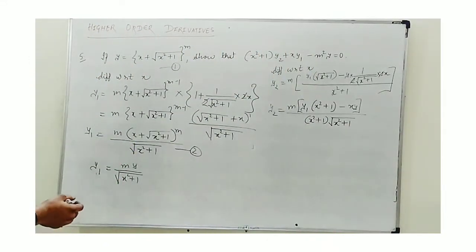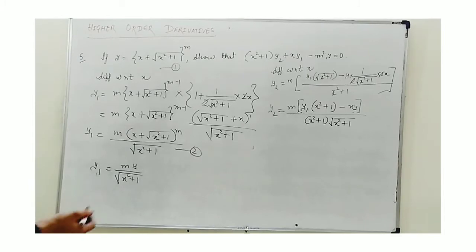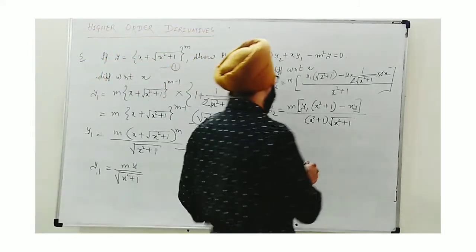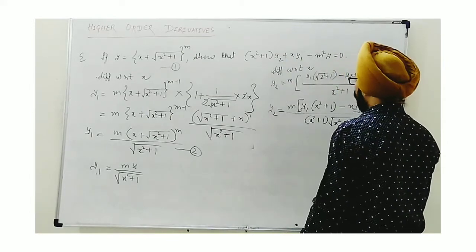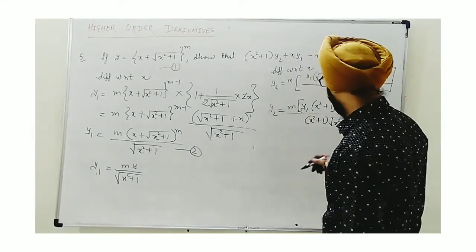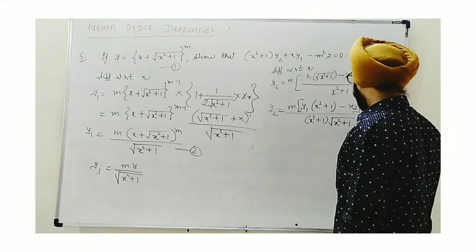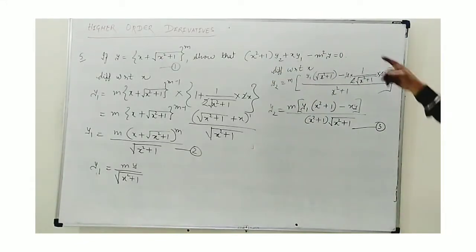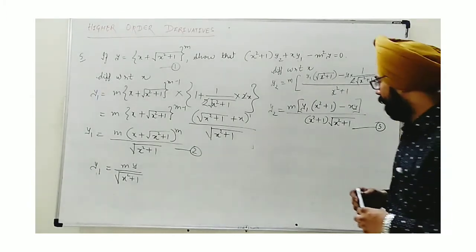Here I see we can deduce this also by putting the values, but still what we will do: we have obtained this y2, we have obtained y1 also. So by taking help of the first, second and third equation, we will put the values in LHS and we will see what we obtain. Okay, so let's start here.